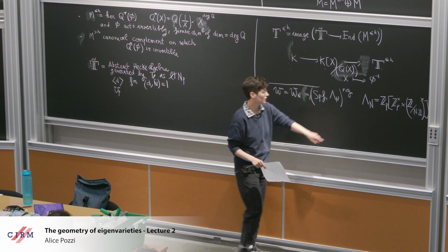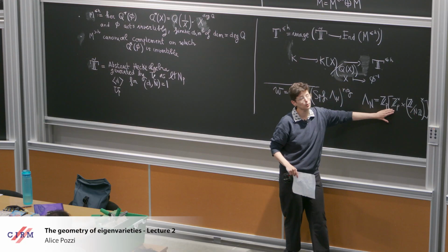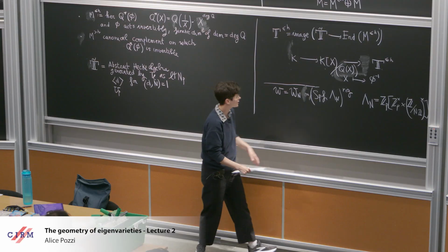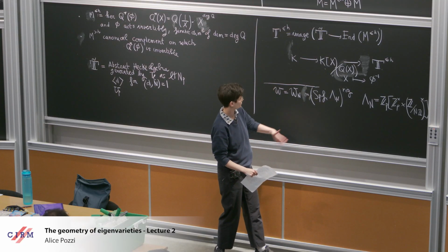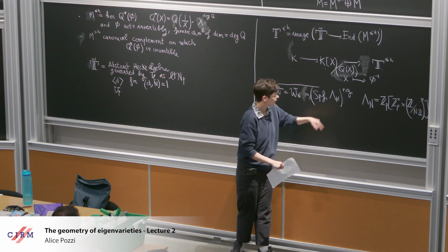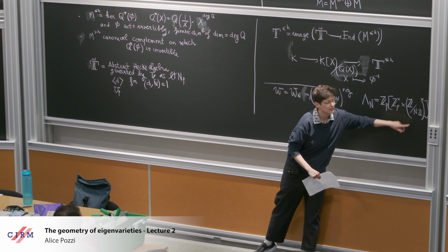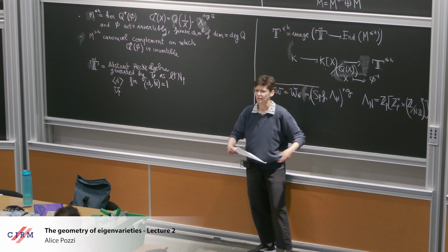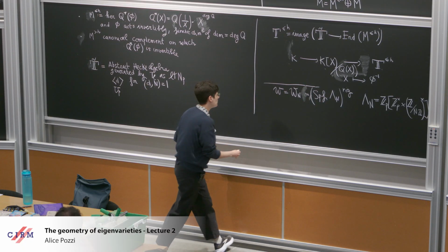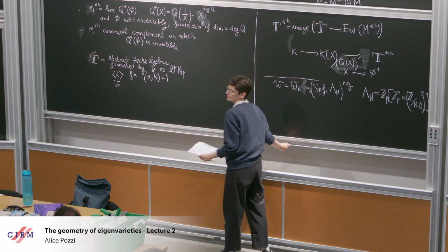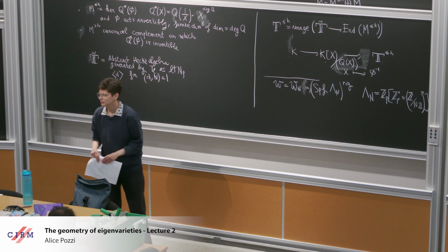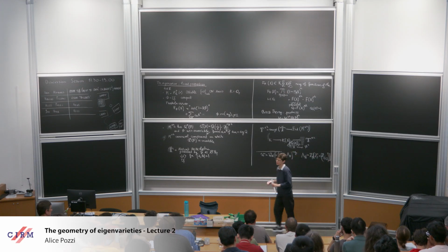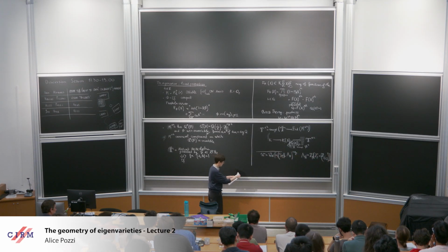As we saw yesterday, already without this piece, this would break down, as a rigid space, as a union of disks parameterized by the powers of the Teichmuller character. If I add this, there will also be a character of this group in the parameterization, but the idea is essentially the same. Yes, completed group ring, like yesterday.